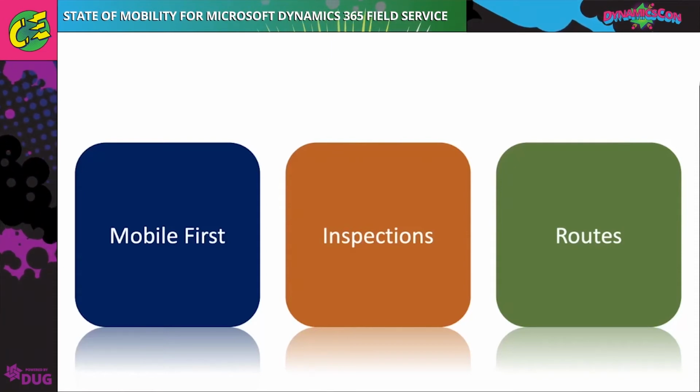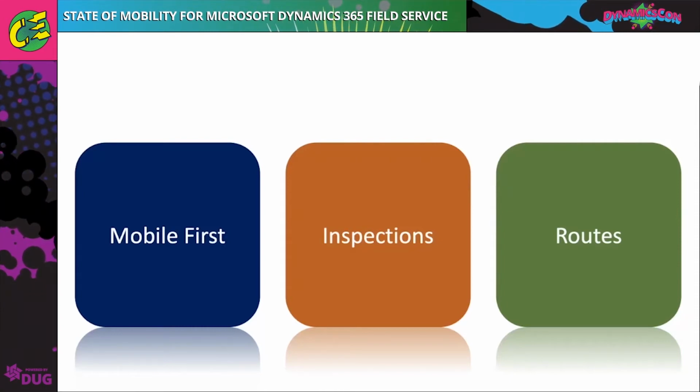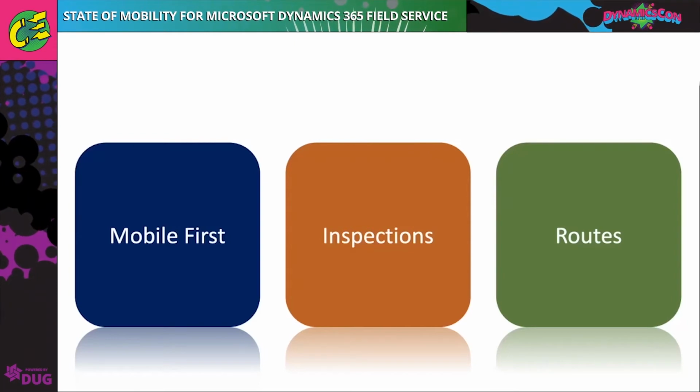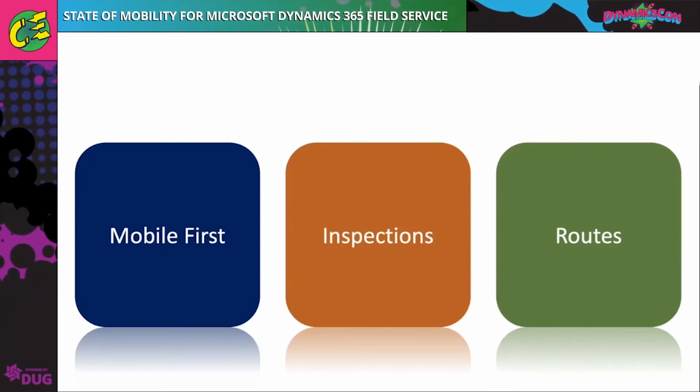But for the purposes of Field Service 2.0, we decided to put the inspections solution into the product package so that the application can be expanded or enriched with these new types of forms that allow for quick and rapid data collection. And the third component is routes.